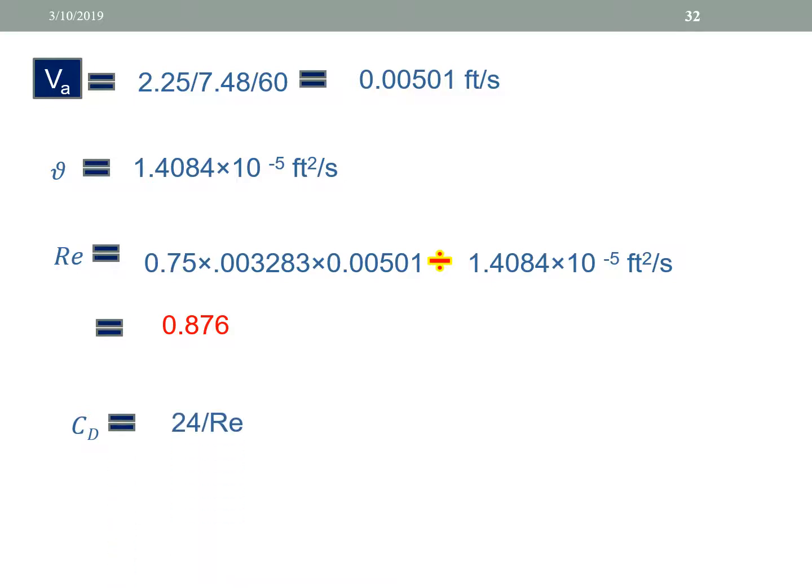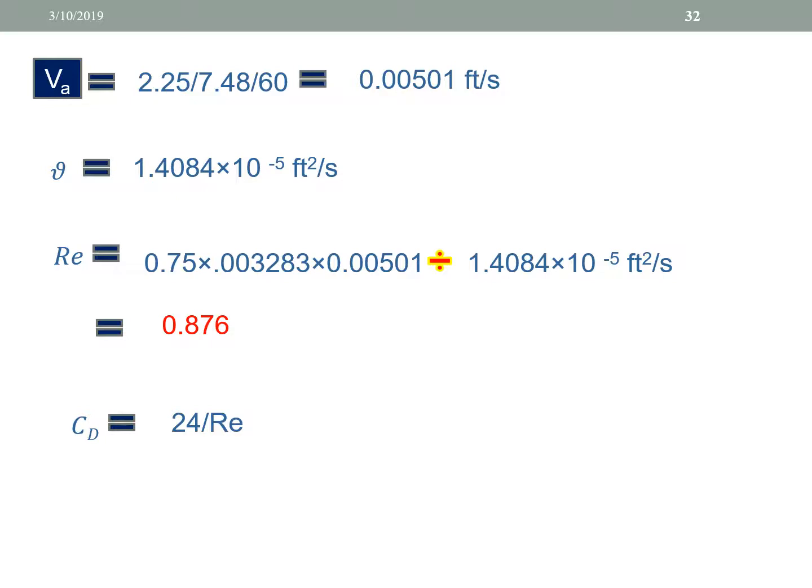CD will be 24 over Reynolds number. Why do we use drag coefficient? If you remember the previous session, or if you remember FE class, go to the environmental section and see what the drag coefficient is. We have three formulas.